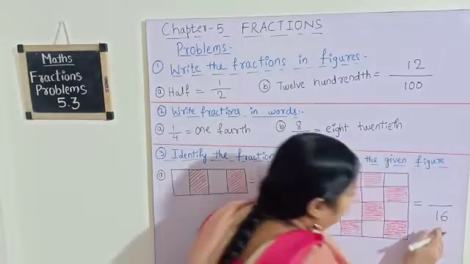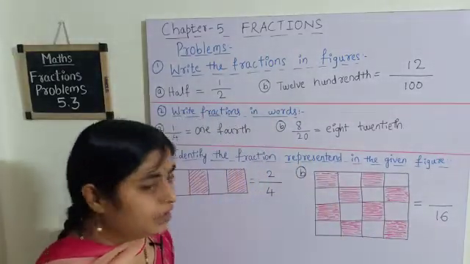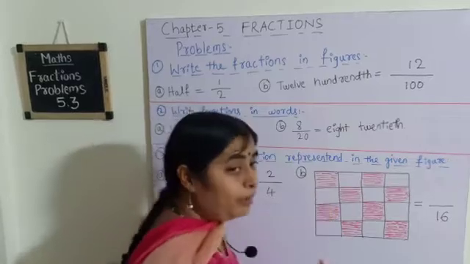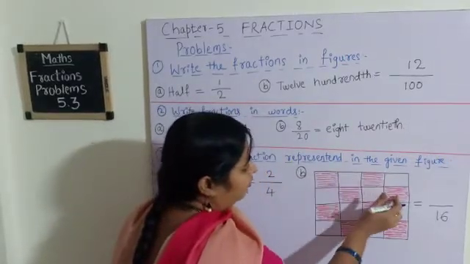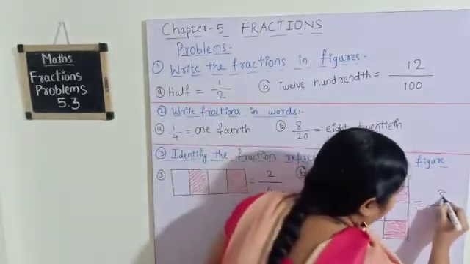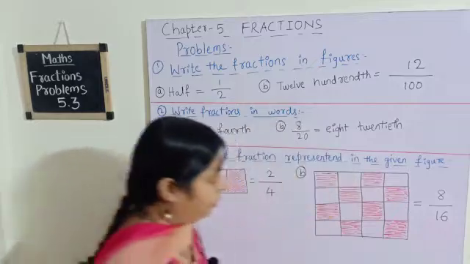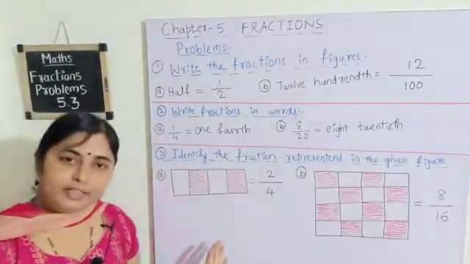So in the denominator we will write 16, because the total parts are 16. Now we will count how many parts are shaded. 1, 2, 3, 4, 5, 6, 7, 8. 8 parts have been selected, or shaded. So we can represent the figure as a fraction like this.